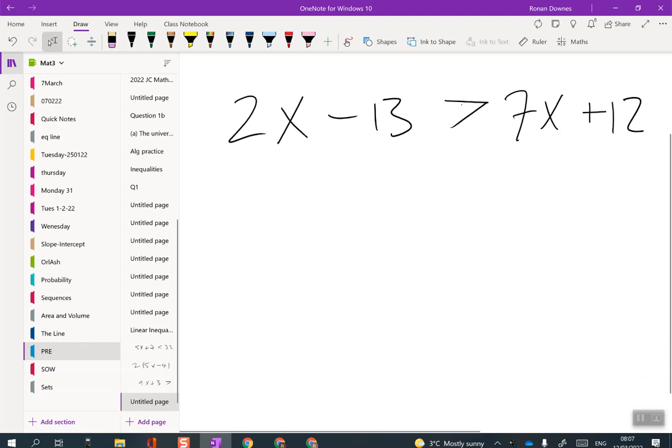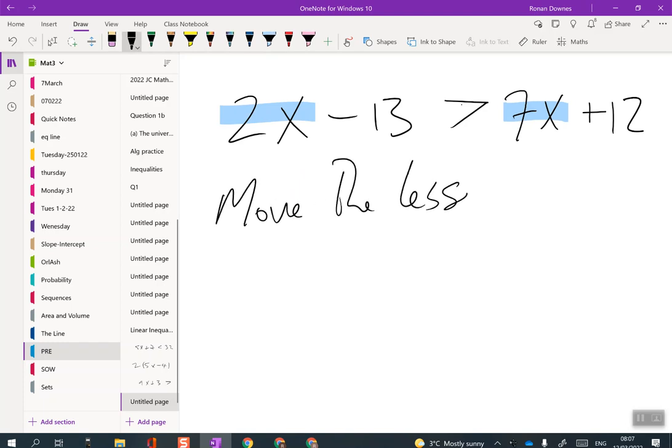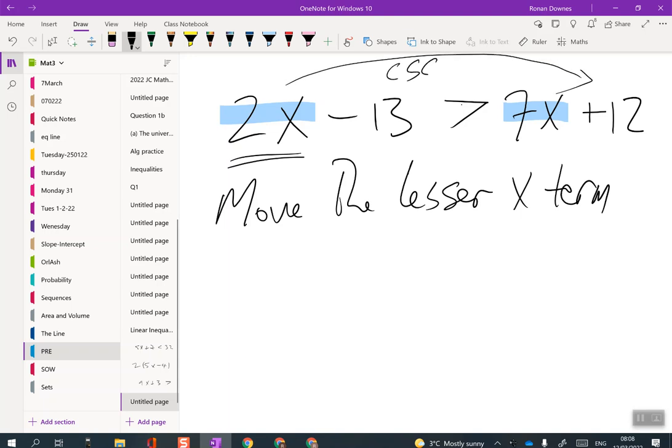So focus on your two x terms and think, I'm going to move the lesser. That's the lesser. So I'm moving him. Indicate you're about to move him. That immediately starts a chain reaction, moving the constant the other way.